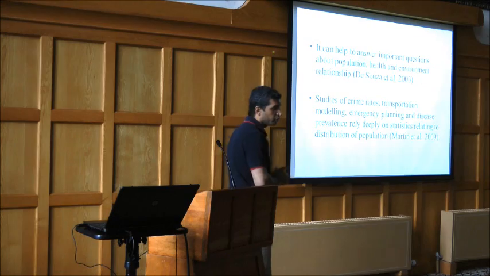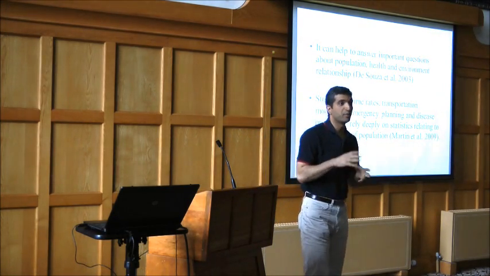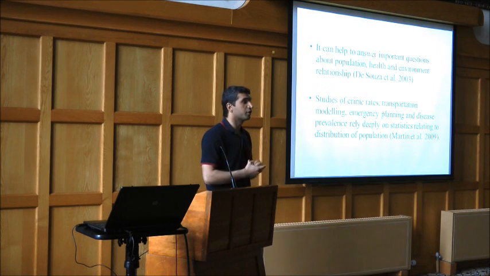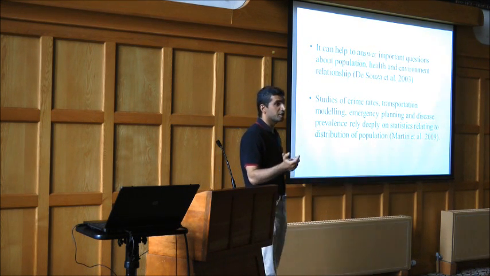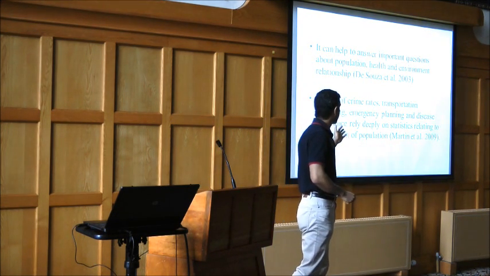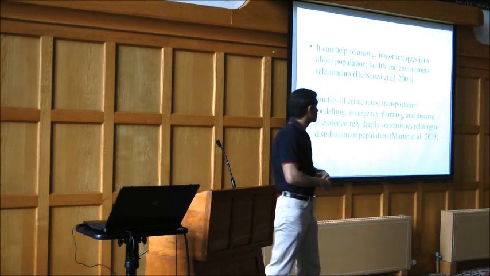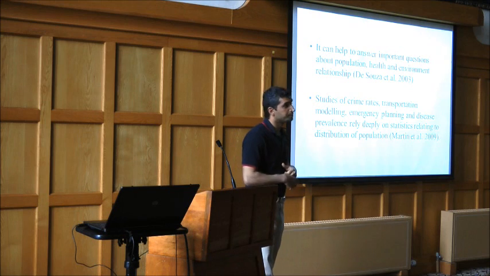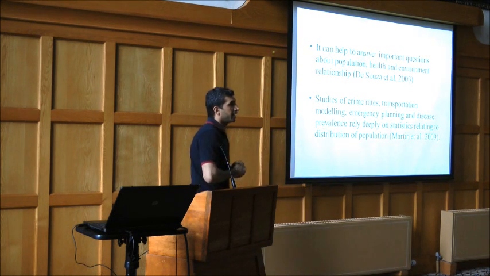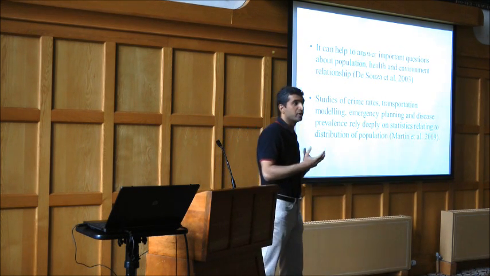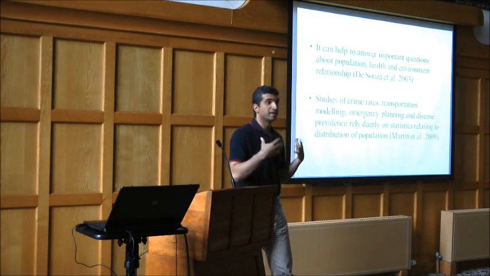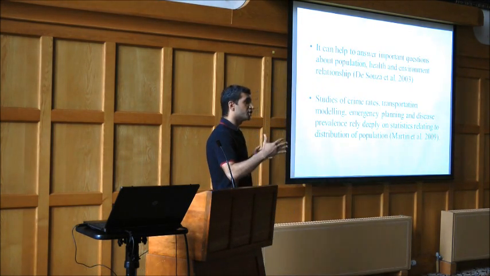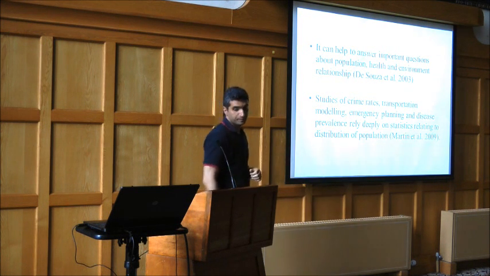It can help find the relationship between population, health, and environment, and studies of crime rates, transportation, and also emergency planning rely highly on population maps. For example, if a natural disaster happens somewhere, we can estimate the casualties before getting there, and we can also follow changes through time.